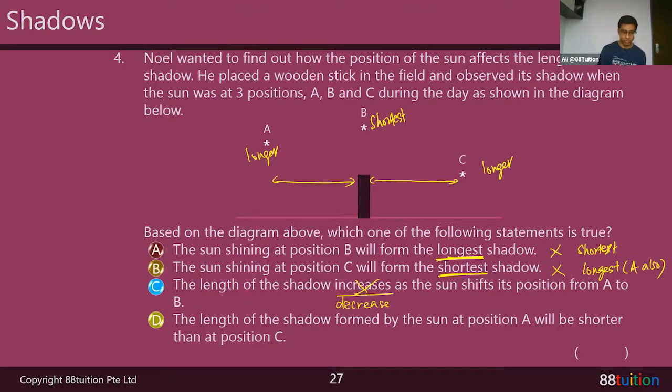Okay, and the last one: the length of shadow formed by the sun at position A will be shorter than at position C. The length of shadow increases as the sun shifts its position from A to C. So which one? All wrong, right?